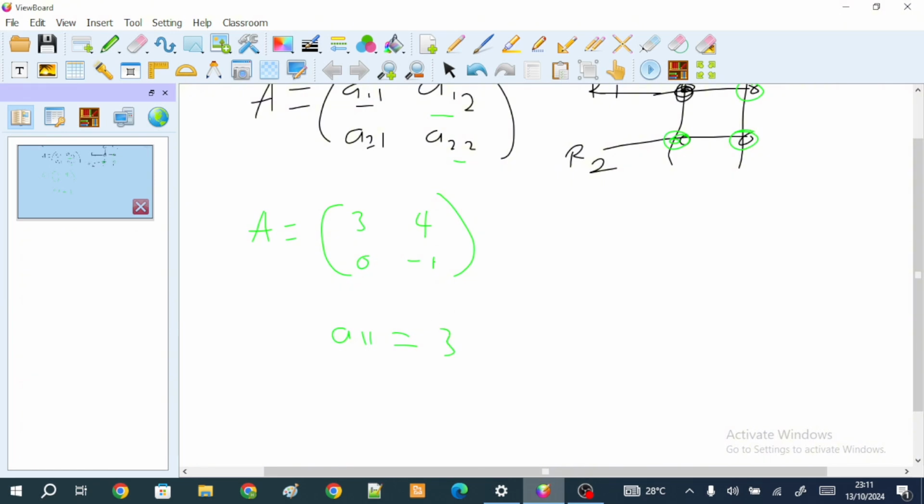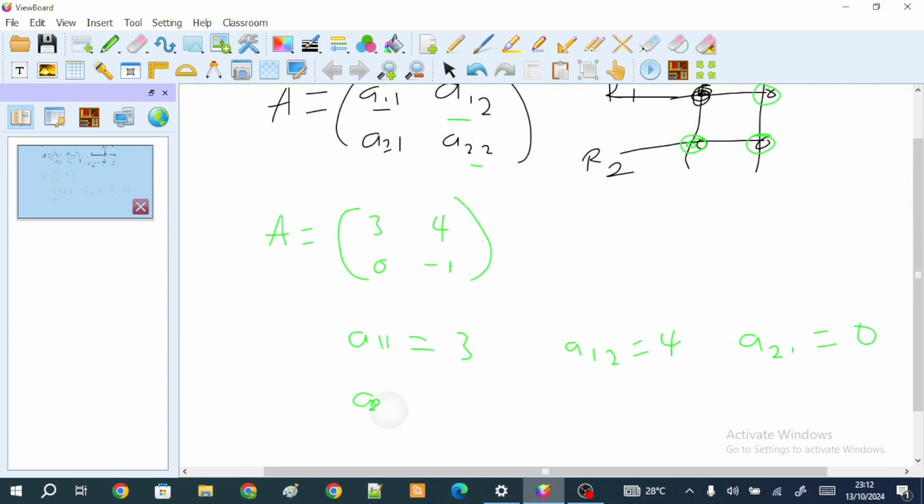The element at row 1, column 2 is 4. The element at row 2, column 1 is 0, and the element at row 2, column 2 is -1. Okay, so this is matrix notation.